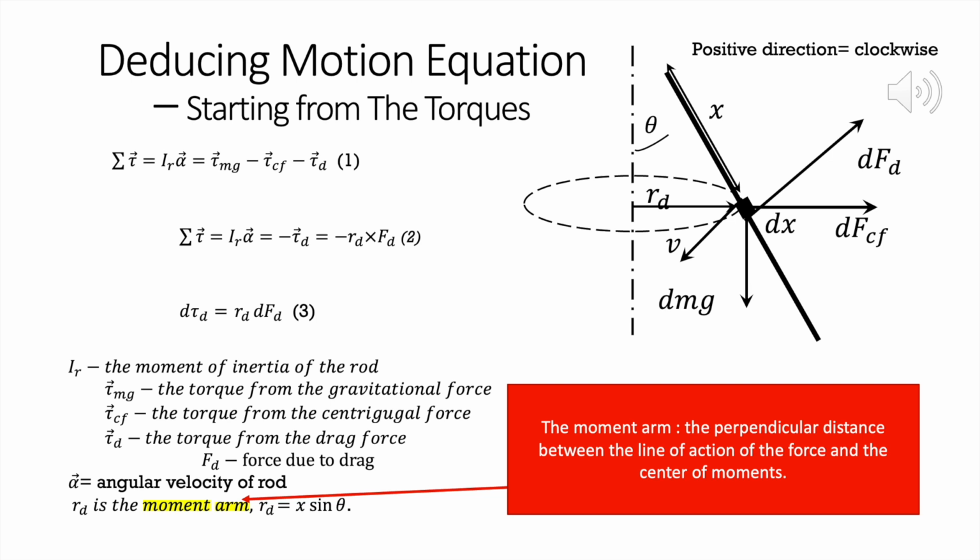For the purpose of simplifying the calculations, we can ignore the 2 torques and just include torque drag in the deduction. So the equation has a simpler form in equation 2. From the definition, the torque due to drag force, torque D, is a product of the moment arm RD and the force drag.